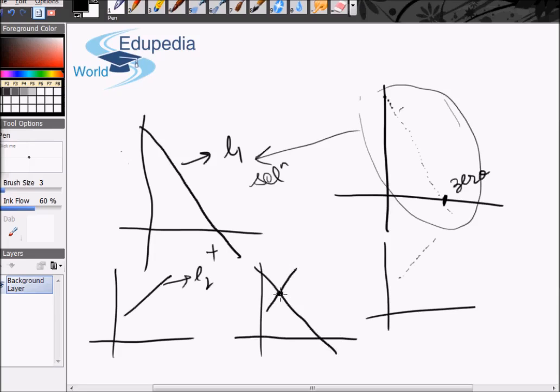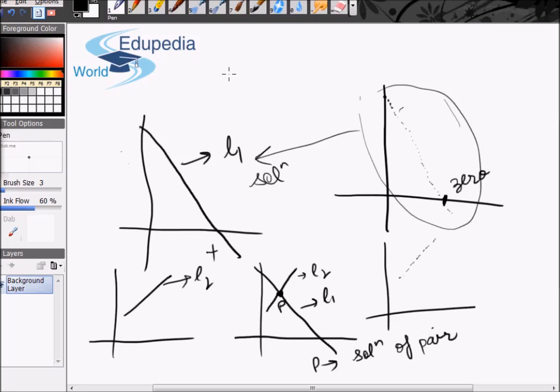This particular point is falling on both the lines L1 and L2. Thus, this point is the solution of both the lines L1 and L2. Therefore, it is the solution of the given pair.